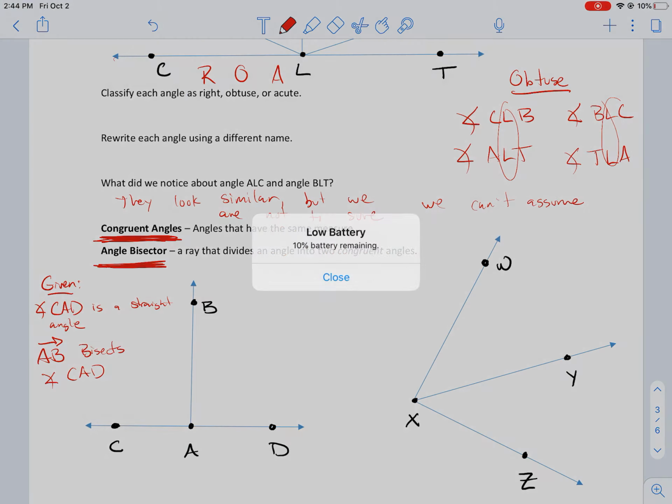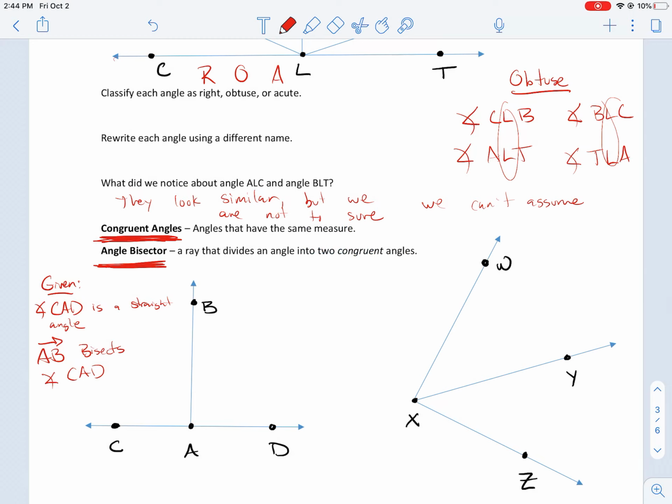Let's think about that for a second. What does it mean to be a straight angle? Straight angles are 180 degrees. And what an angle bisector does is it divides an angle into two congruent angles. So it takes 180, chops it in half, and now we have 90-degree angles on either side of that ray.